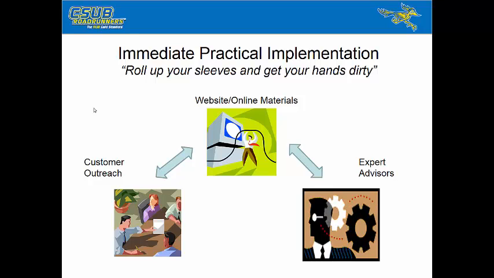That website is important so that you can describe the venture, put pictures up, and anything you can do to make the venture more concrete, you're going to do in the website. You're then going to expose sample customers to that website and get their feedback on it. And you're going to do the same thing with expert advisors.